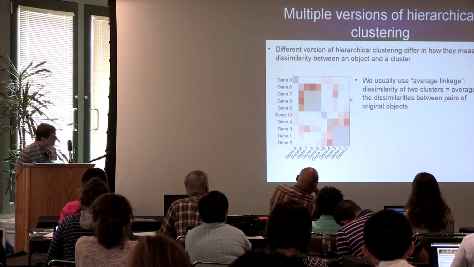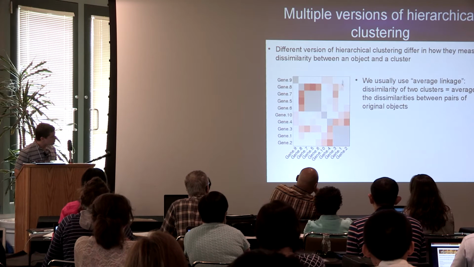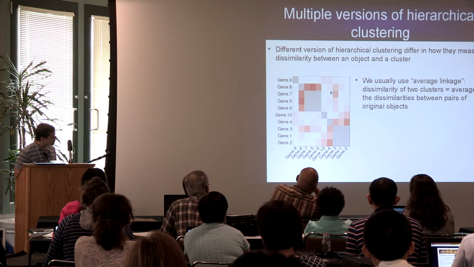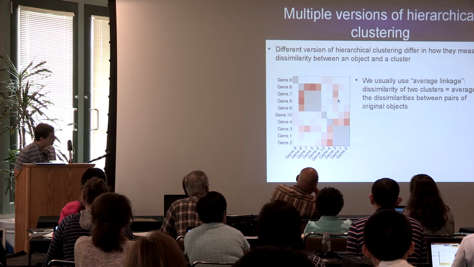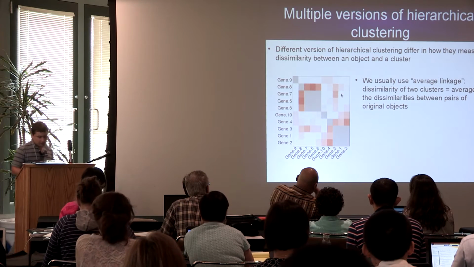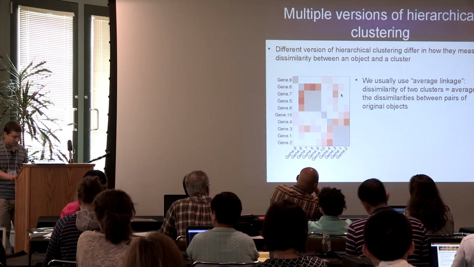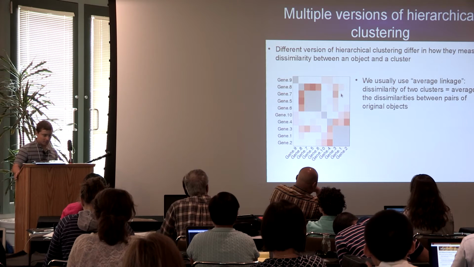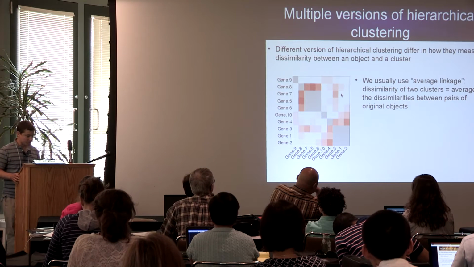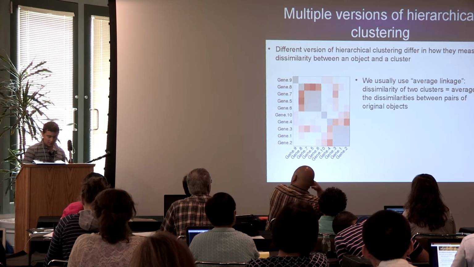So if you're looking at this cluster and this cluster, you just take the average of the dissimilarities between the objects here and here, which would be the average of this part of the matrix. So it's pretty simple. It works well, but like I said, other people have other preferences, and so someone else may tell you, no, you shouldn't use average, you should use this other method, and so on. That's fine.